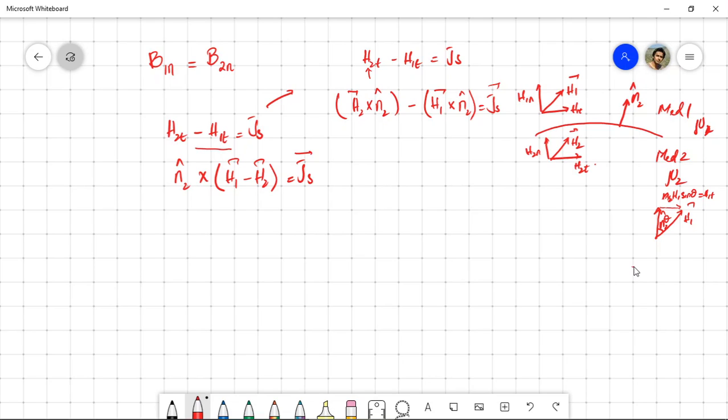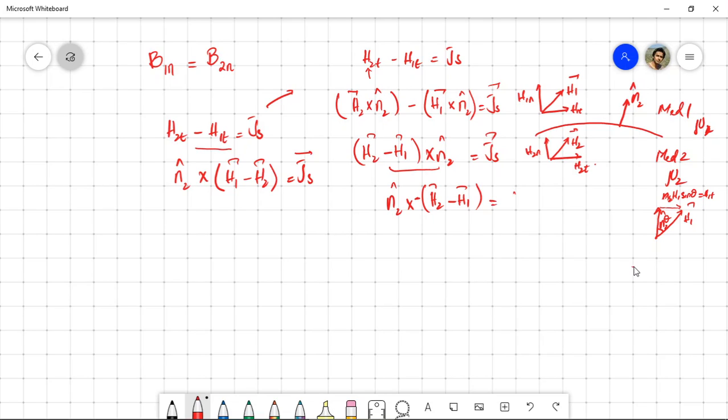Now we can take n2 hat common, and write H2 minus H1 cross n2 hat equals Js. Now we know that this is a cross product, and if we want to change its arrangement, there will obviously be a negative sign. So if we write it as n2 hat cross H2 minus H1, then we will have a negative sign here.